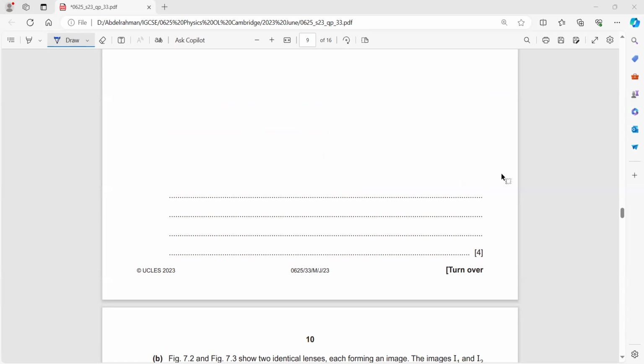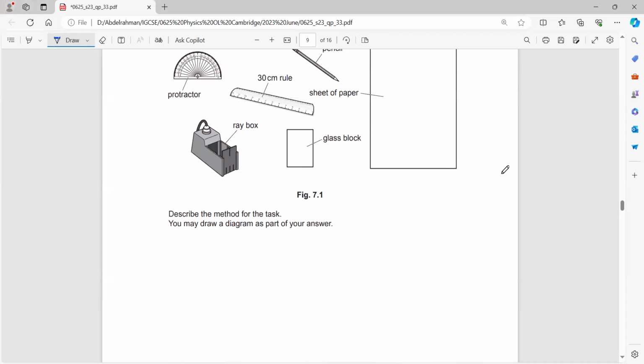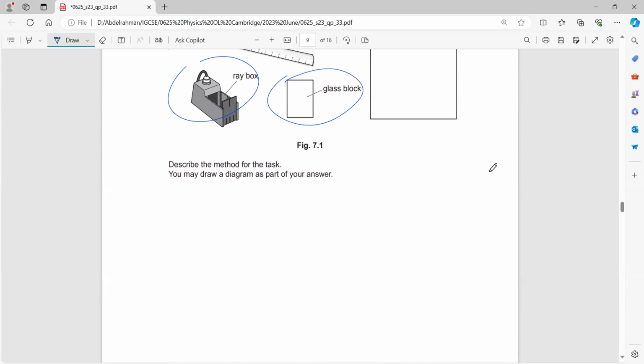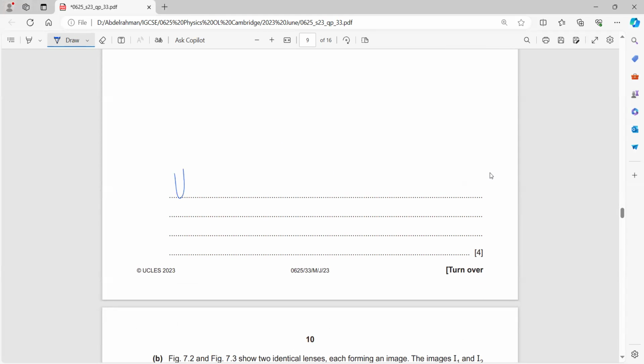First we will use the ray box to shine light through the glass block.